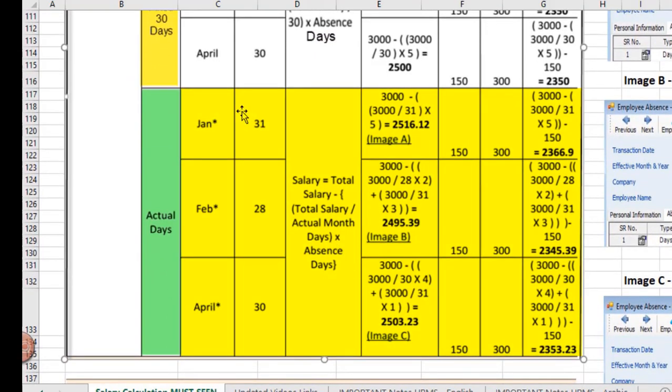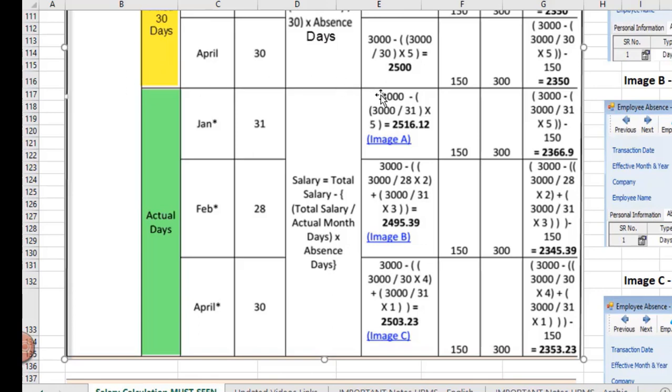Basically, for January, when there are 31 days, notice here how it is calculated. It says here that the total salary minus, between parentheses, total salary divided by the actual month days, not 30 as the one above, now actual month days, multiplied by the absence days, which is also reading based on actual days.